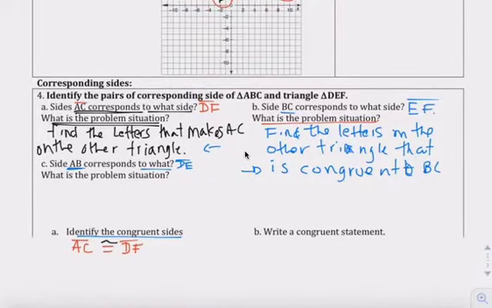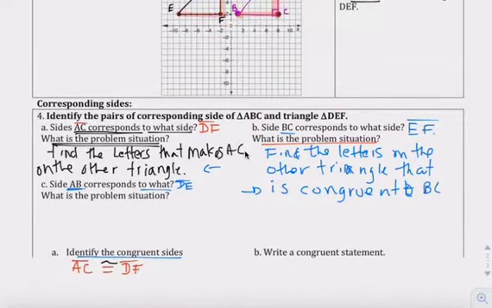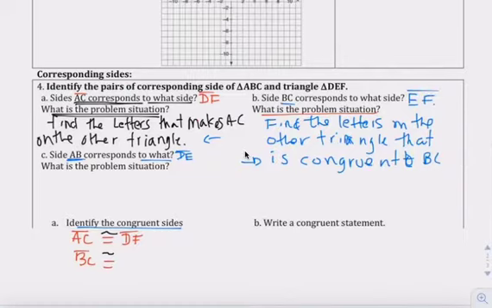Next one is BC. If you look at what I'm circling up here, line segment BC is congruent to EF.